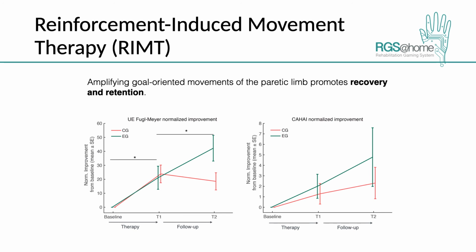So after the treatment ended, the experimental group, the one exposed to goal-oriented augmentation, still experienced further recovery. And in the CAHAI, we also observed a similar trend, although not significant.